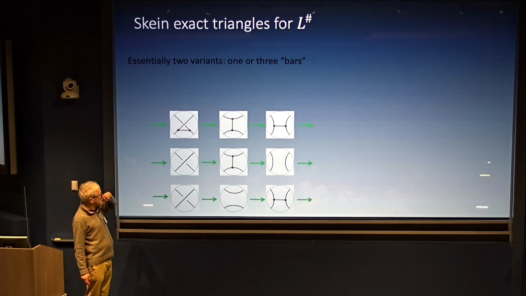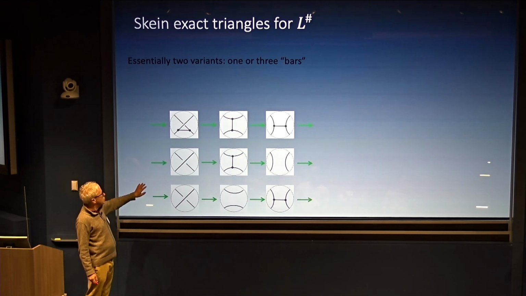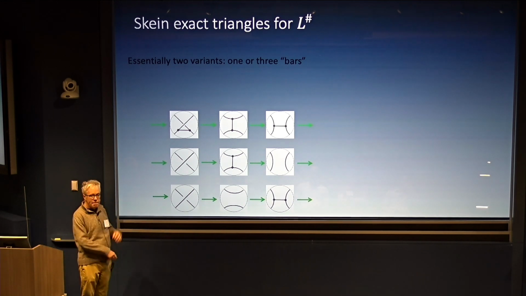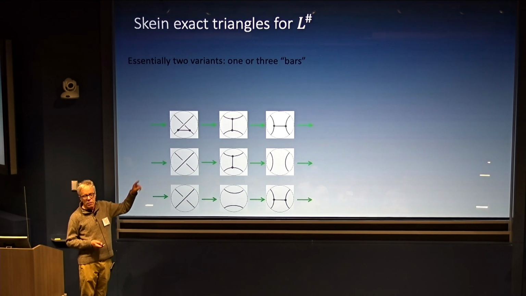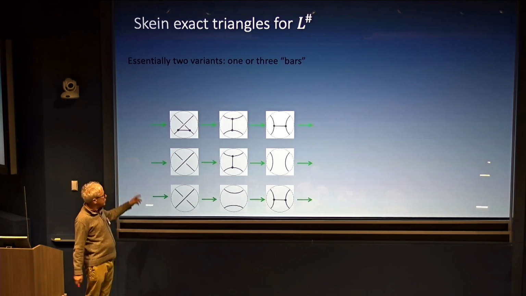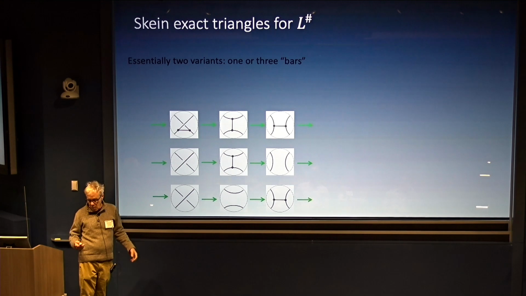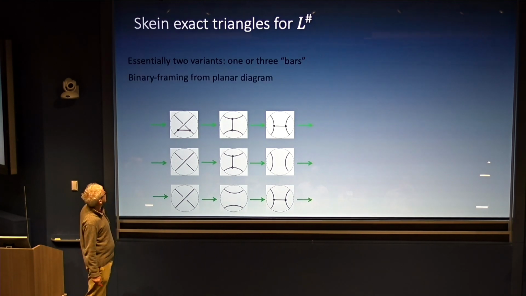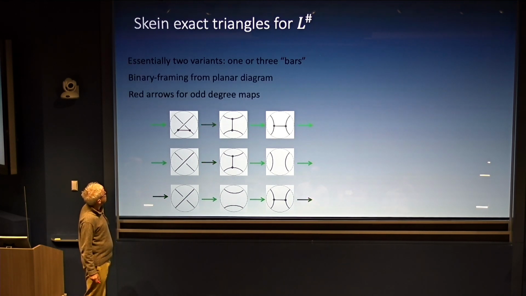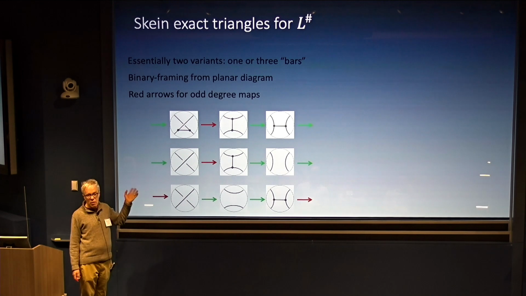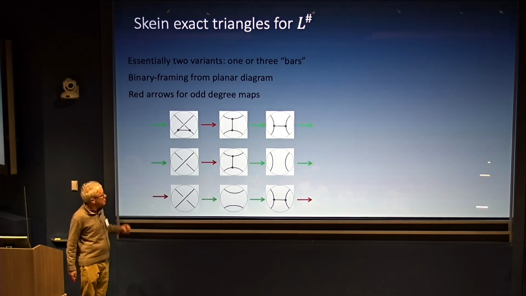These are planar projections of webs, so they come with their planar binary framings, anti-clockwise at every vertex. And then you can ask whether these maps are even or odd. The red ones are the odd maps, the green ones are the even maps.